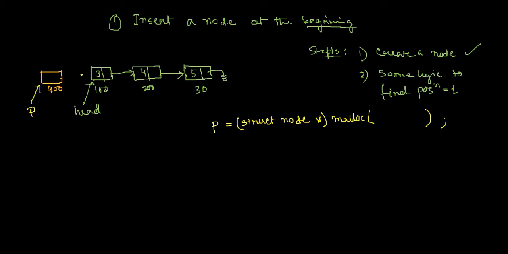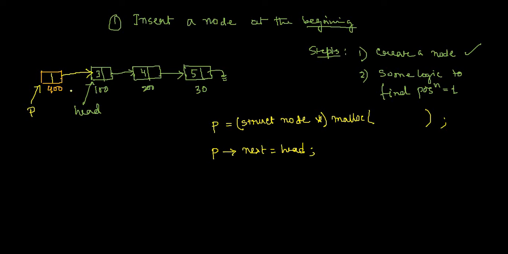Now if you want to connect the newly created node with the first node of the linked list, it's very easy, because you have pointer P pointing to this node, and pointer head pointing to the first node of the linked list. You will just write P next equal to head, and it will be connected.